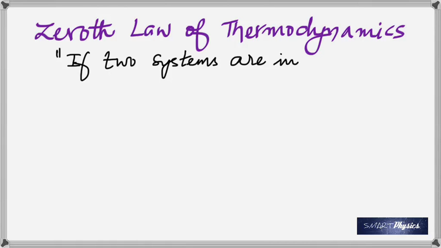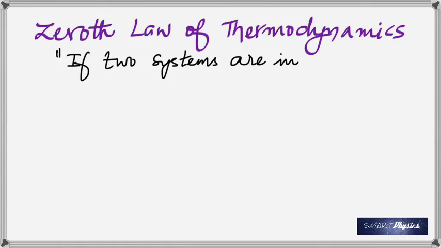So A is in thermal equilibrium with C, B is in thermal equilibrium with C. Definitely A and B are in thermal equilibrium with each other. But now what's the meaning of the word thermal equilibrium? That means that temperatures are equalized, that's all. Another point, if they are not in thermal equilibrium, that would mean that heat would flow one way or the other until they reach equilibrium. That's the zeroth law of thermodynamics.